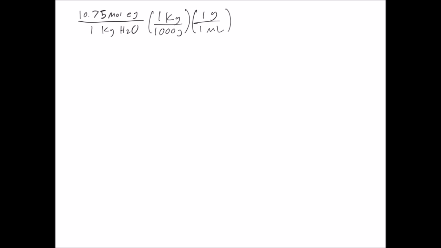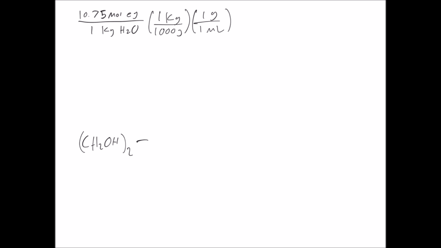Now to convert ethylene glycol into a volume, we need to start with turning the moles into grams, so we'll need the molar mass. So let's go ahead and calculate that out. The chemical formula for ethylene glycol is (CH2OH) times 2.